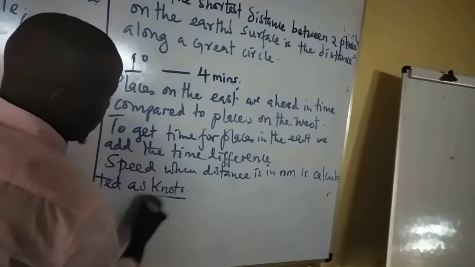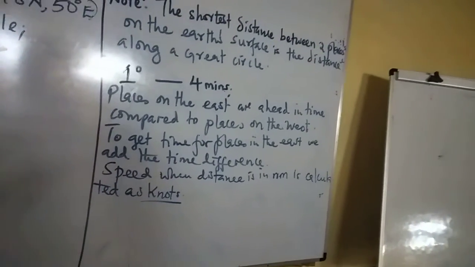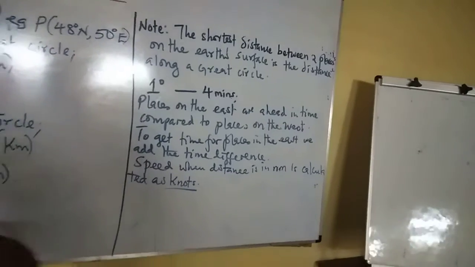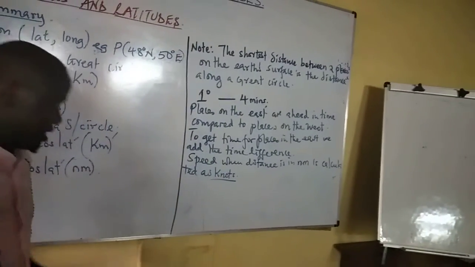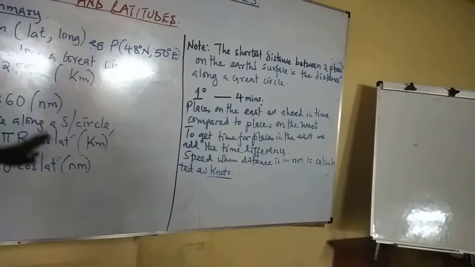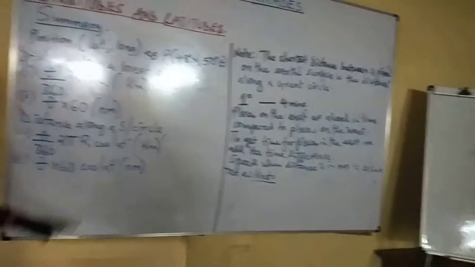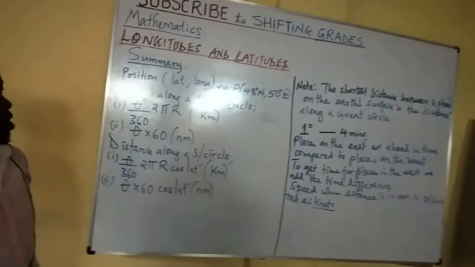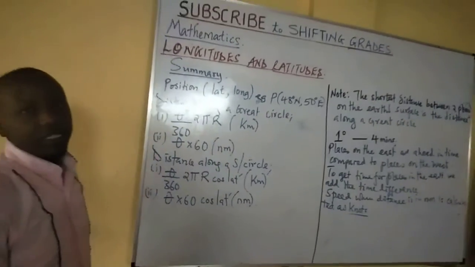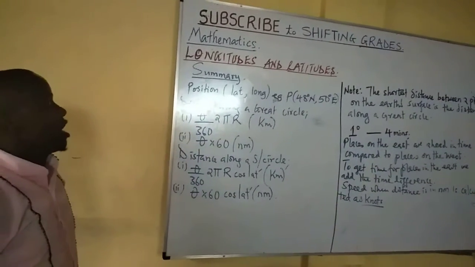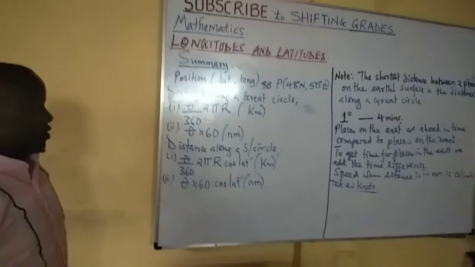So we say speed is in knots when the distance is in nautical miles. For kilometers, it is kilometers per hour. So this is a brief sum up of the basic tips in the topic longitudes and latitudes.